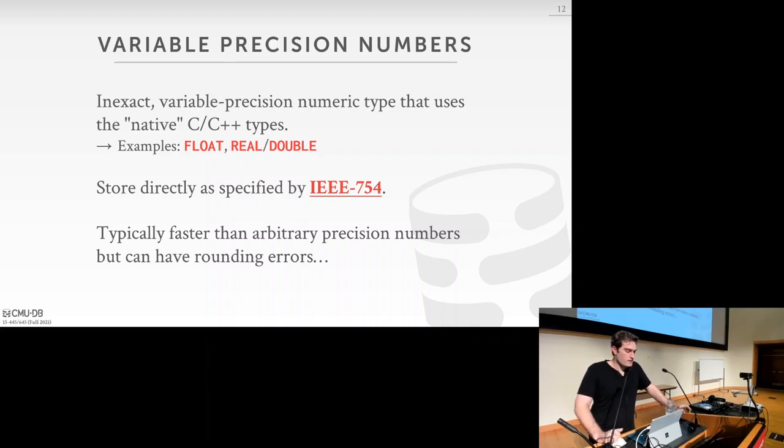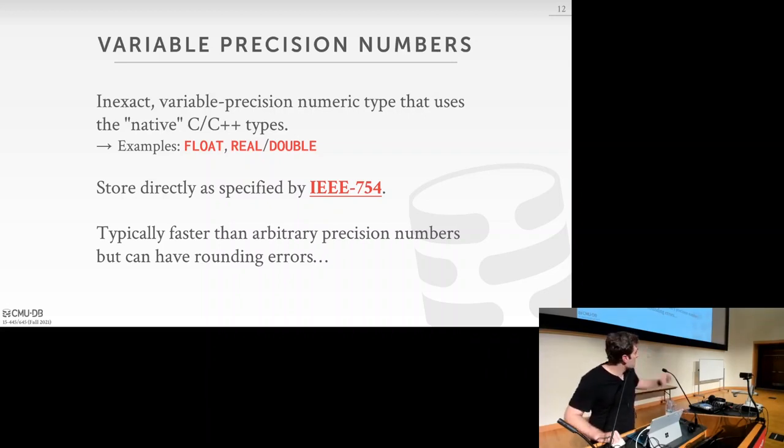The big problem with variable precision numbers is that they're inexact, and they're difficult to represent in computer architecture. As you may know, floats or double data types in C or C++ are approximate representations of decimal numbers.